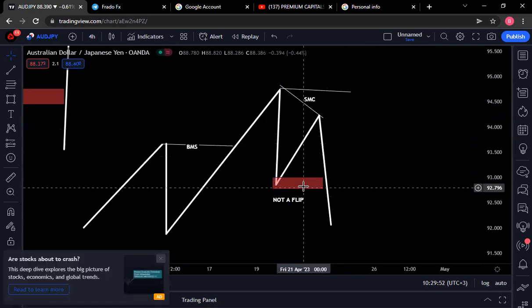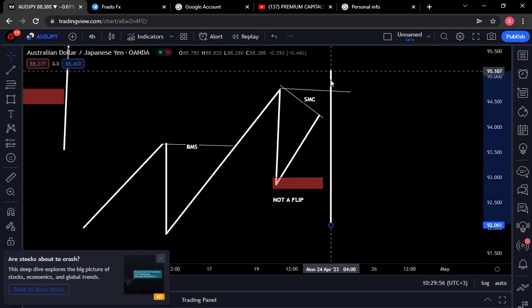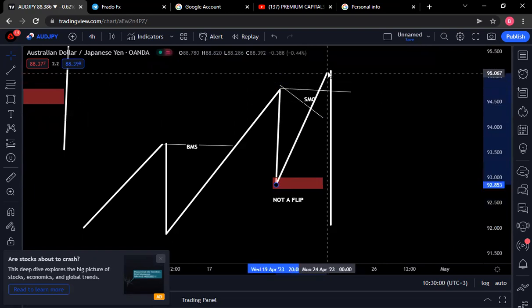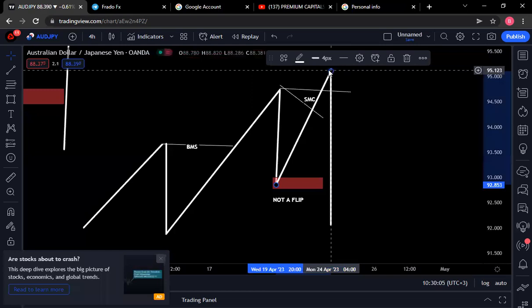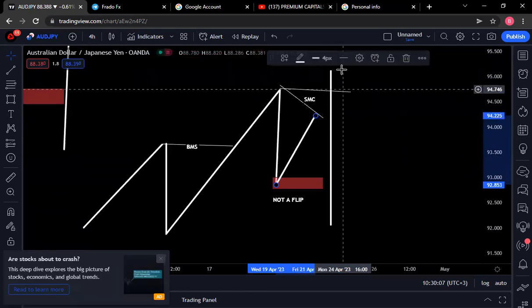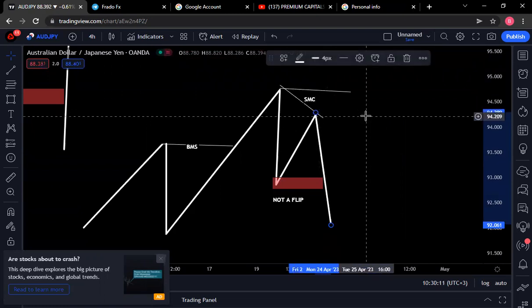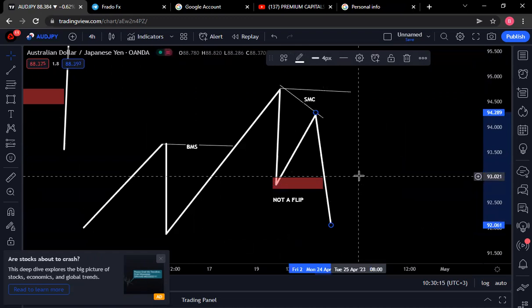For this to be a FLIP, the price had to go above this structure. That is where we could see BMS. So this could be a FLIP, but now this is not a FLIP, because it just made a shift of market structure, creating lower lows and lower highs here.